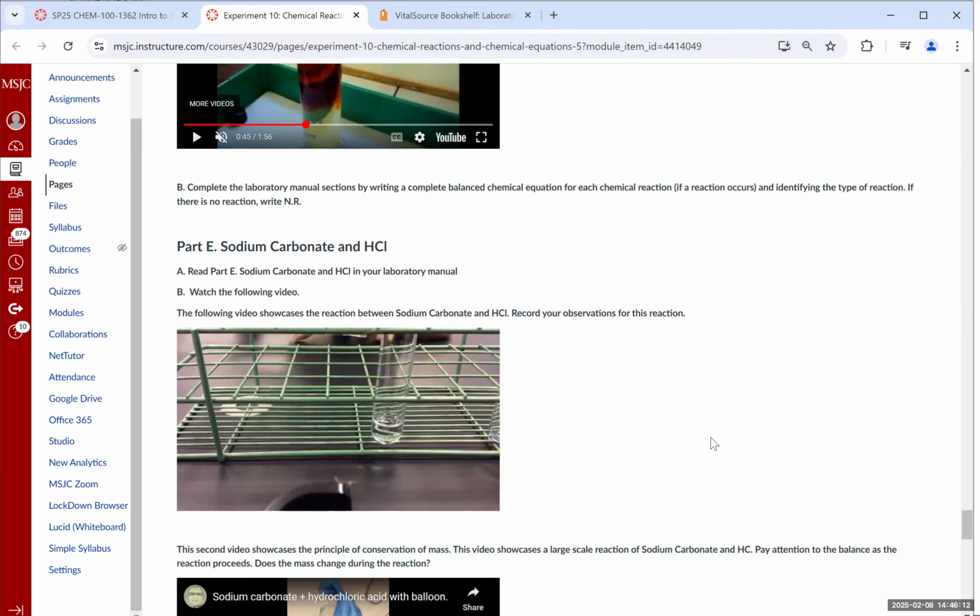So as we see, we have 2 colorless solutions. We mix the hydrochloric acid, and now we're beginning to add the sodium carbonate. And as you can see, almost immediately, we observe bubbles. In this case, the gas that we're generating is carbon dioxide.